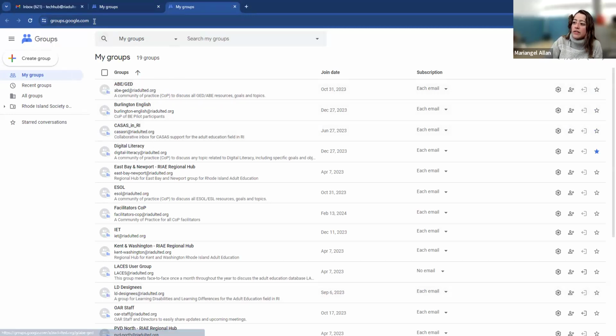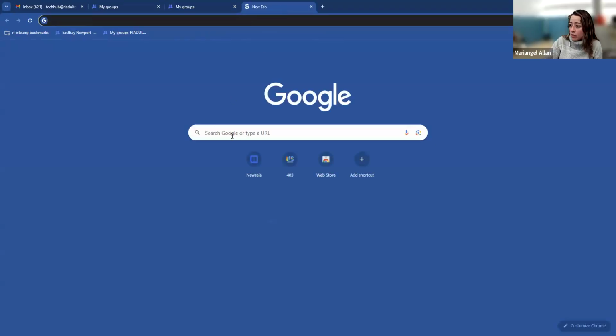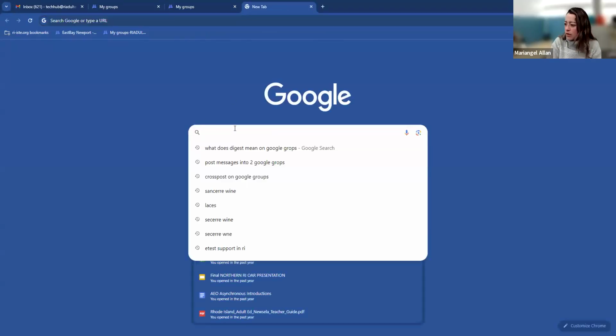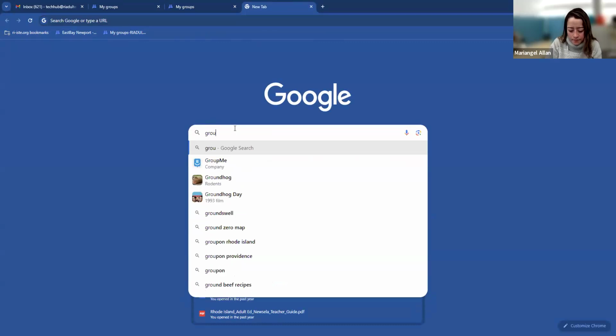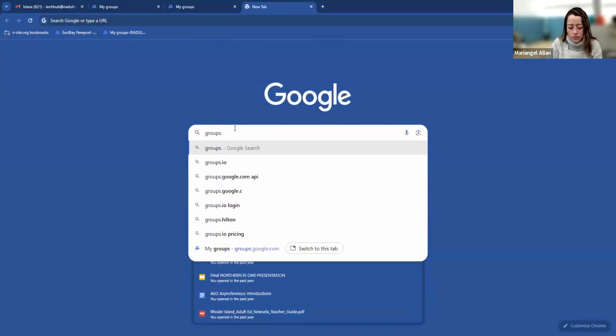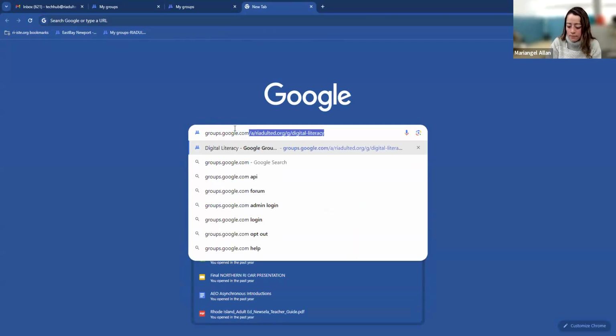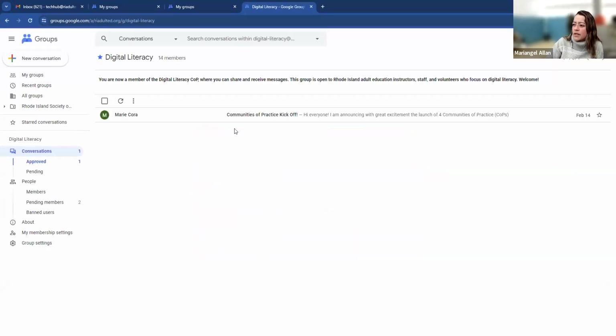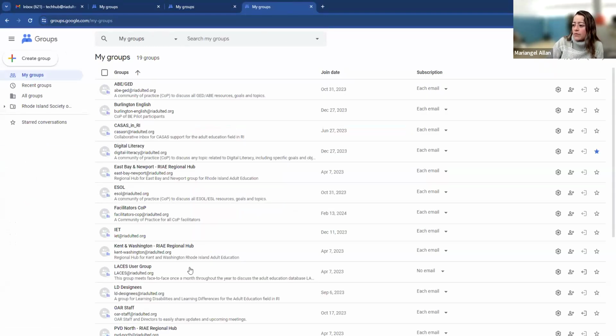Another way you can do it is by typing in your URL groups.google.com. Once you type that, it should take you to My Groups, where you see all the groups that you're part of.